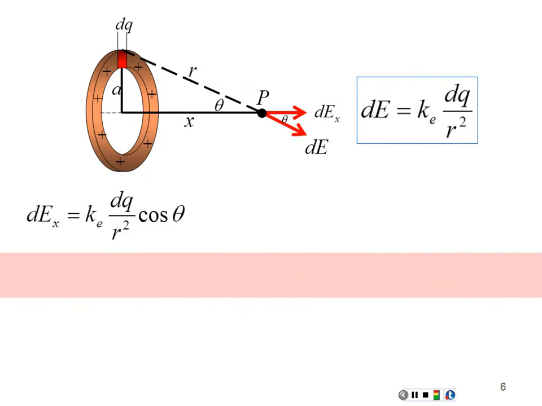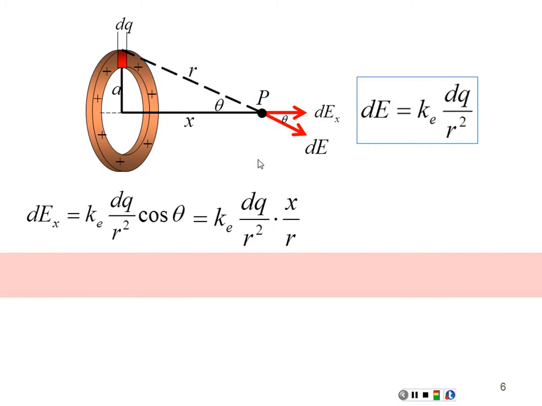So we're just going to look at the x components of these contributions, which will be k dq over r squared cosine theta. And if I look at this triangle, theta is this angle right here. Cosine theta will be x divided by r.